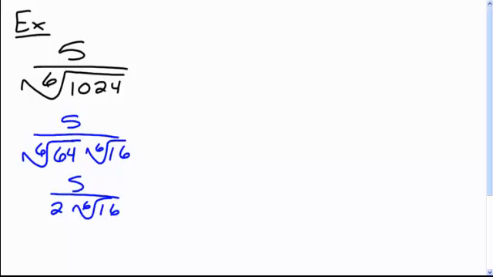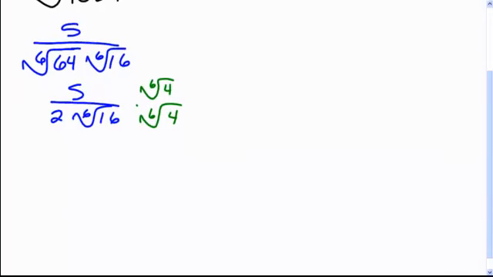Now I still have to get that radical out of the denominator. So I need to figure out, what do I have to multiply 16 by to get a perfect 6th? Multiplying by a form of 1. So 2 to the 6th, 3 to the 6th, 4 to the 6th, etc. Get what those numbers equal. What I need to multiply by is the 6th root of 4, so 16 times 4 is going to give me 64, and we know 64 is 2 to the 6th.